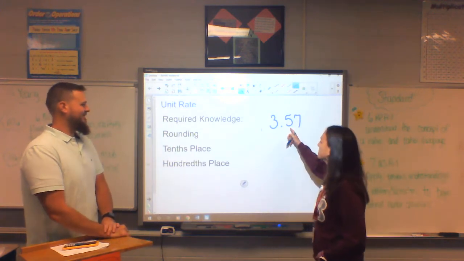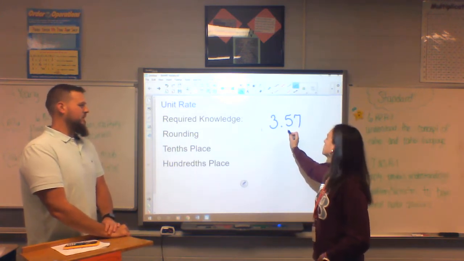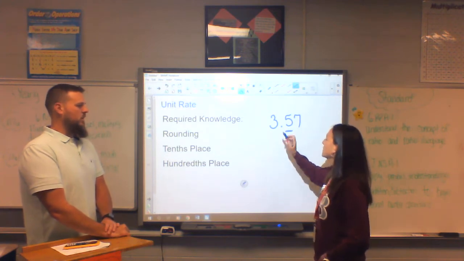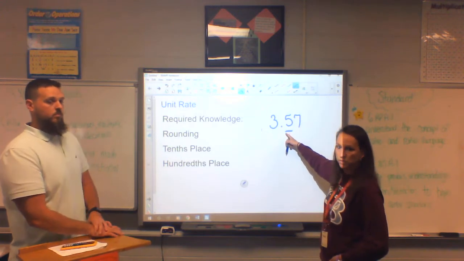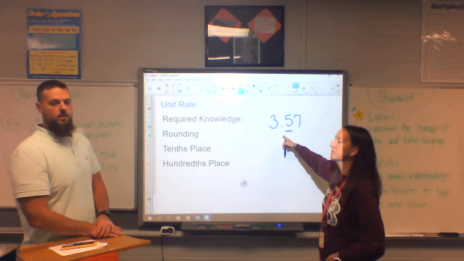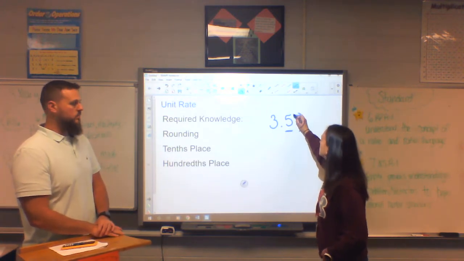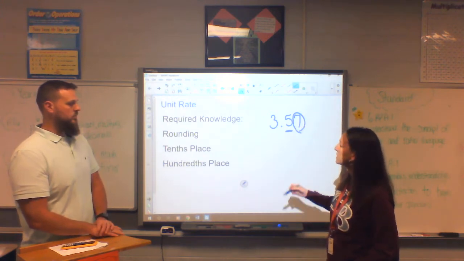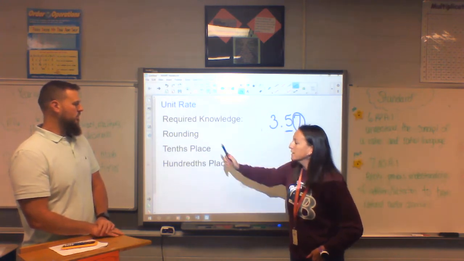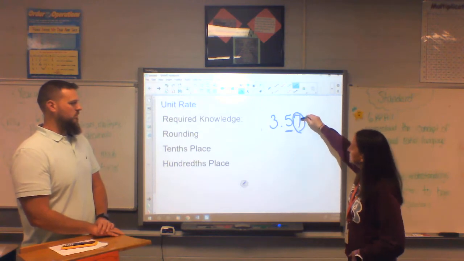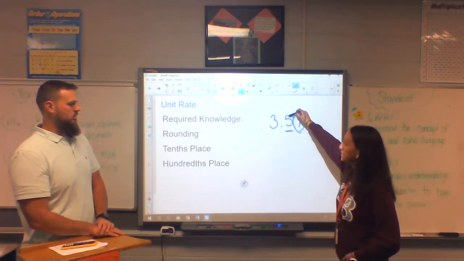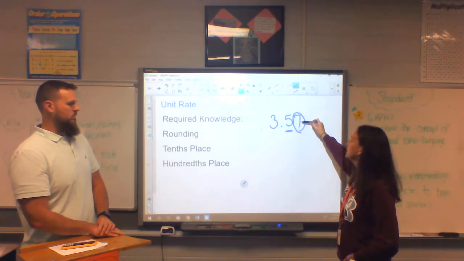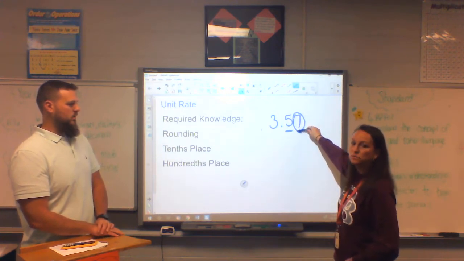So if we were going to round this to the tenths place, I always tell my kids, go ahead and underline the place that you're supposed to be rounding to. If we're going to round to the tenths place, that's where we want to go. That's as far as we can carry out this decimal. So we circle the number next to it. And we've got to remember our rounding rules from younger grades. If this number is 5 or more, we bump this up. If it is less than 5, we leave it alone.